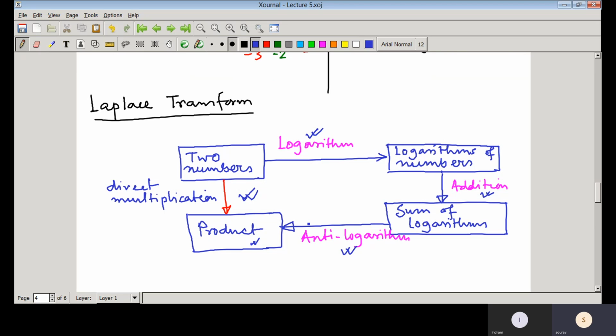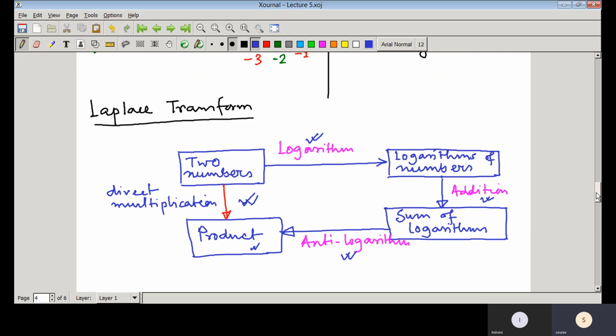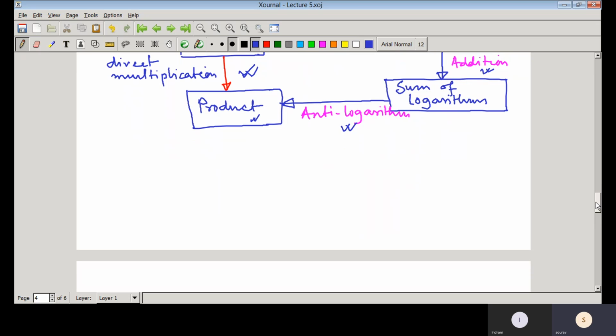The same thing we do in case of Laplace transform. Laplace transform is a transform. So here, suppose we have an integral differential equation. Let us see what happens in case of Laplace transform.